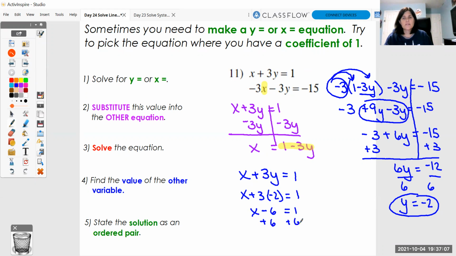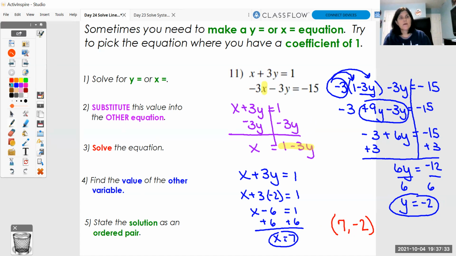Add 6 to both sides, which means that x equals 7. My final answer will be the ordered pair that is the solution. These 2 lines will intersect at the point (7, -2). So if you tried that problem, see if you can find any of your good mistakes, or maybe you got it right.